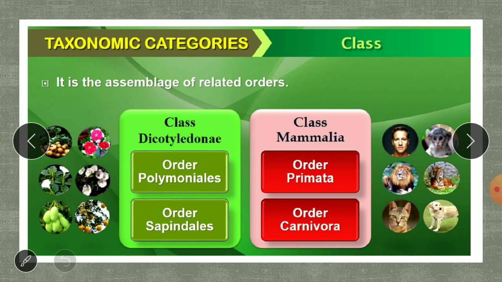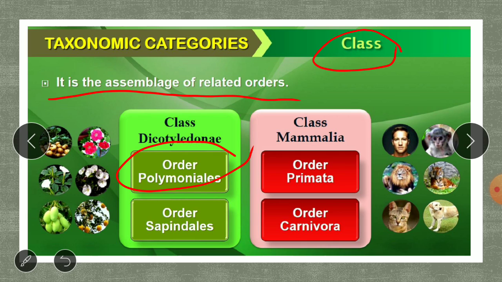Then coming to the class. Class is nothing but the assemblage of related orders. Many different orders together form the class. Example, order Polemoniales and order Sapindales belong to the class that is Dicotyledonae. Dicotyledonae are those plants whose seeds can be divided into two.